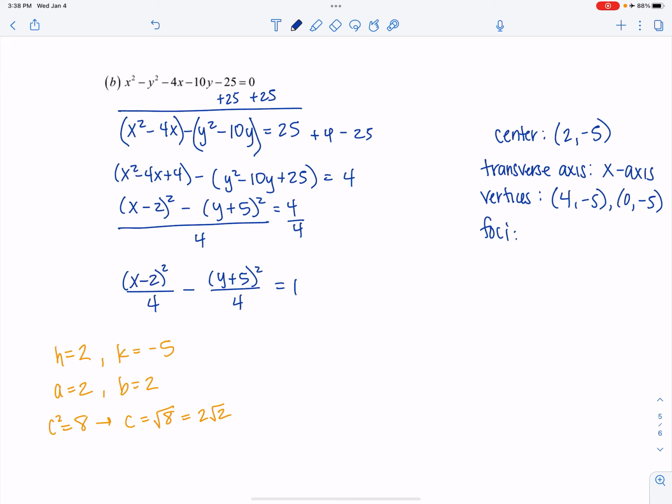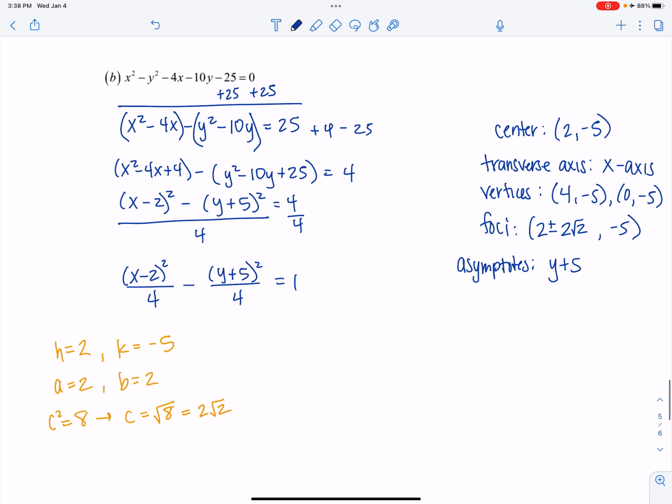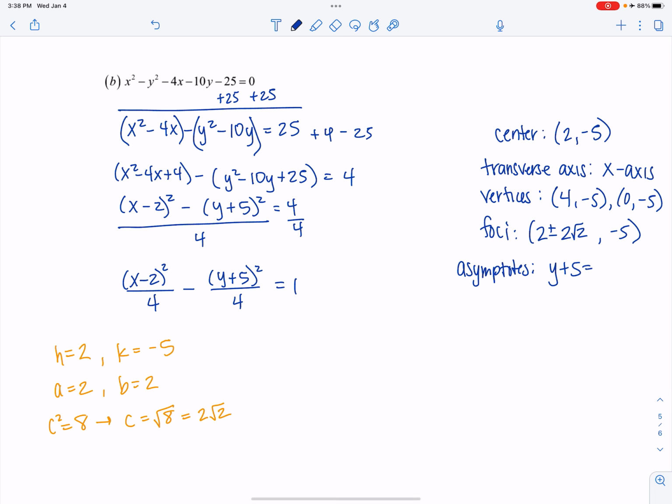The foci are 2 plus or minus 2 root 2 and that negative 5. And our asymptotes are going to be y plus 5 equals plus or minus (x minus 2).